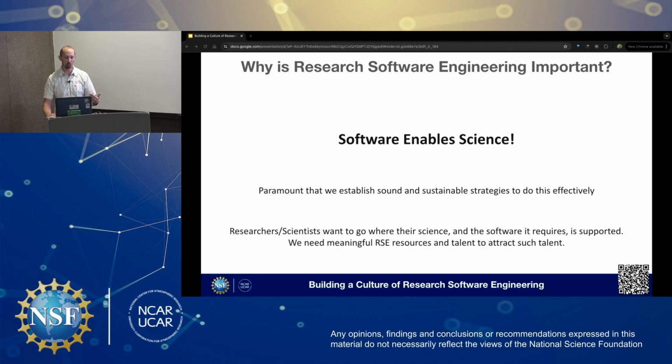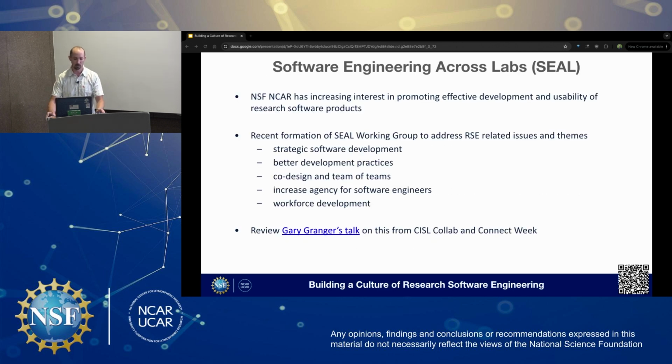Researchers will want to go where their science, and thus the software that they use to perform the science, is well supported. And thus we need meaningful RSE resources and talent to make sure that those scientists feel supported and have the resources they need to do their daily work.